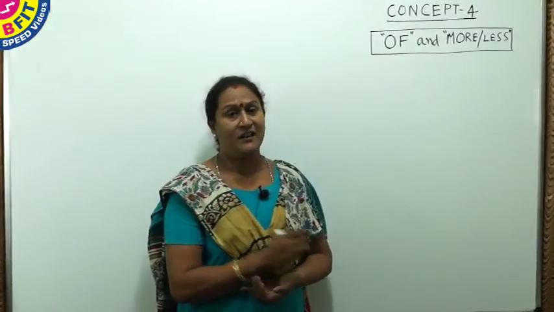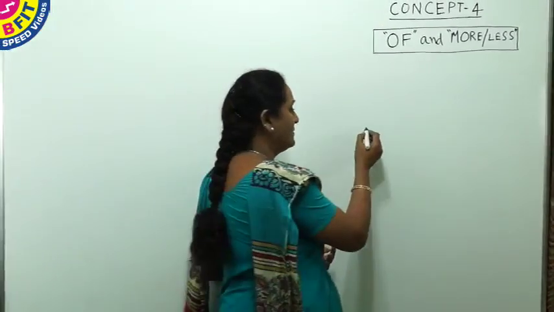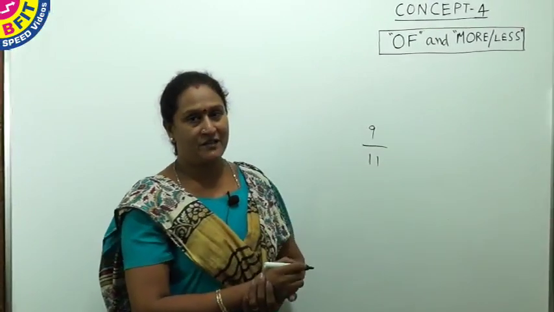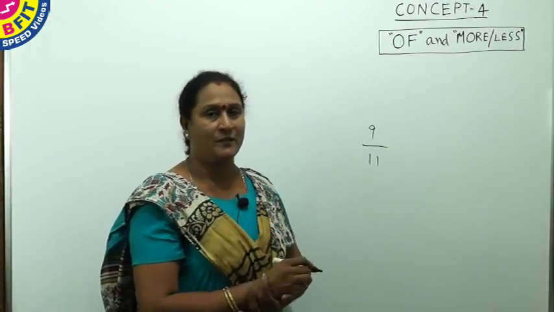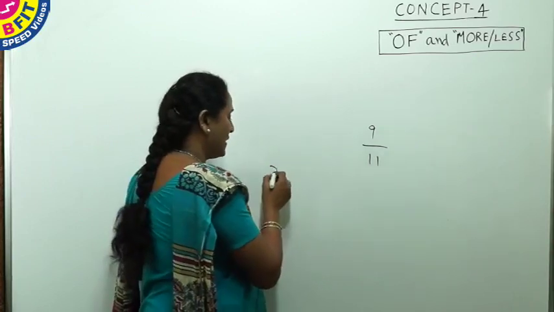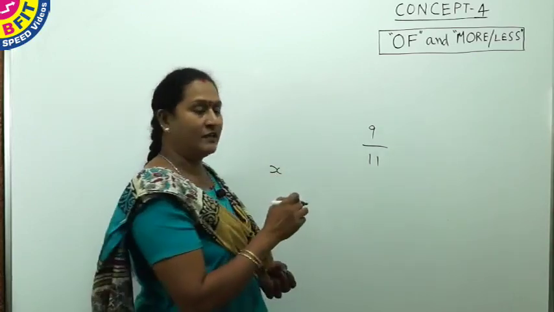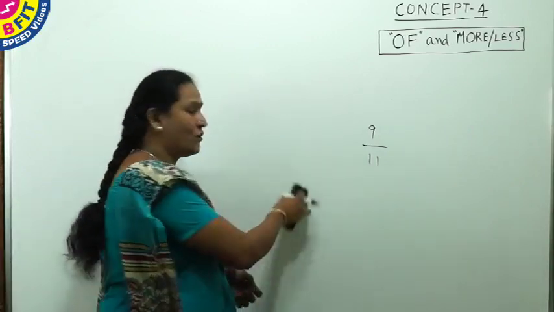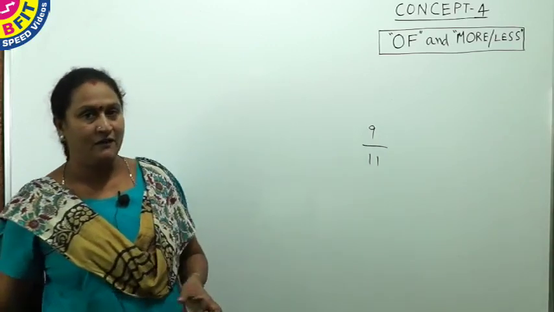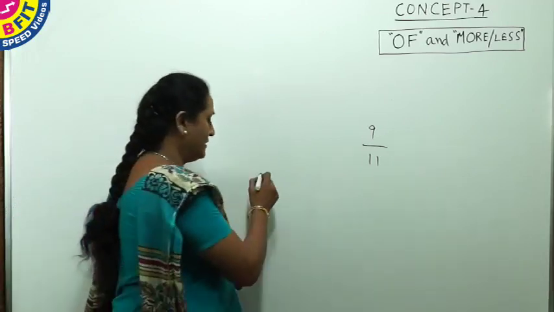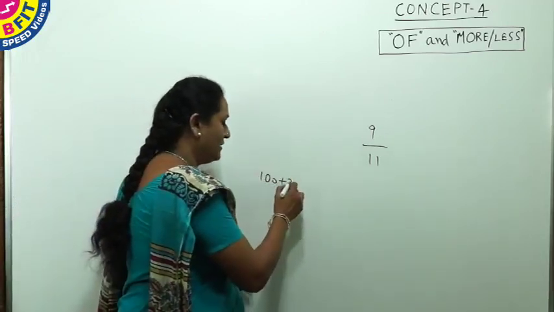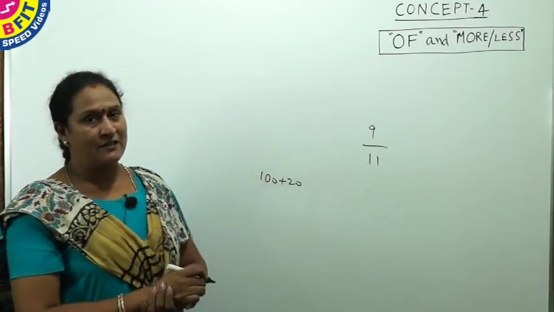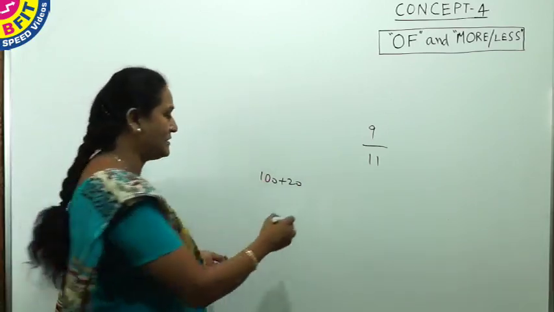So what is the increased fraction given? It is 9 by 11. So what is the numerator change? It is increased by 200%. So say for example, if a value is increased by 20%, when it is of, we will just write into 20. So when it is increased by 20%, I have told you to add it with 100. Now the numerator is increased by what percent? It is increased by 200%.